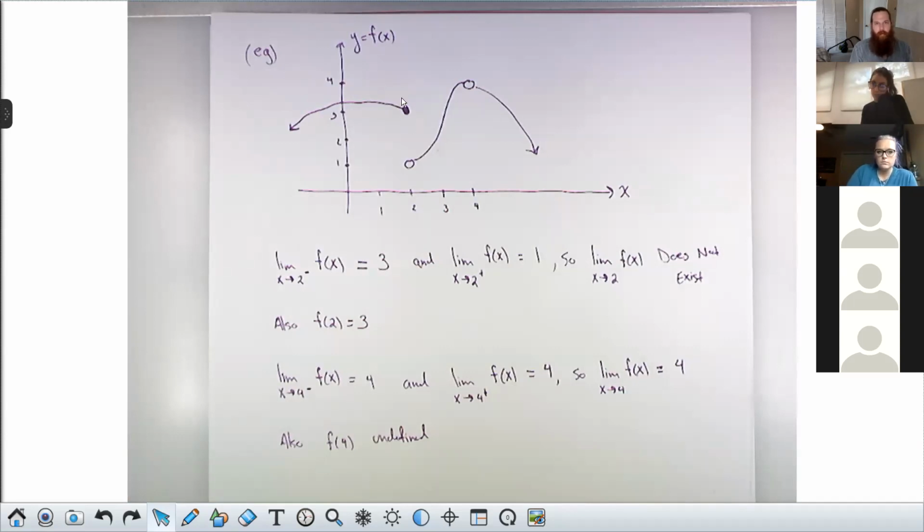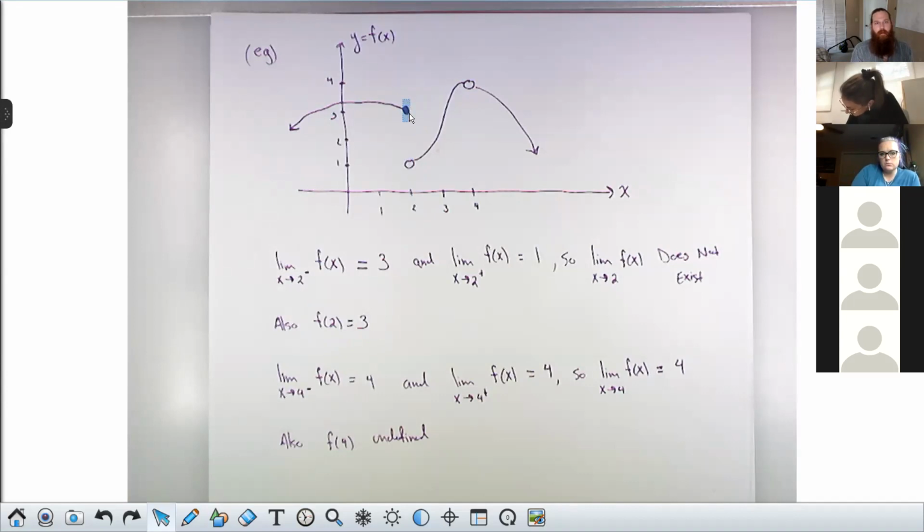So you're both right. I want to contrast what's going on here to what's going on here. There was a hole here, but we didn't say f of 2 is undefined. We said f of 2 is equal to 3. What made f of 2 equal 3 is that if you look for a point along the vertical line x equals 2, there is a point.